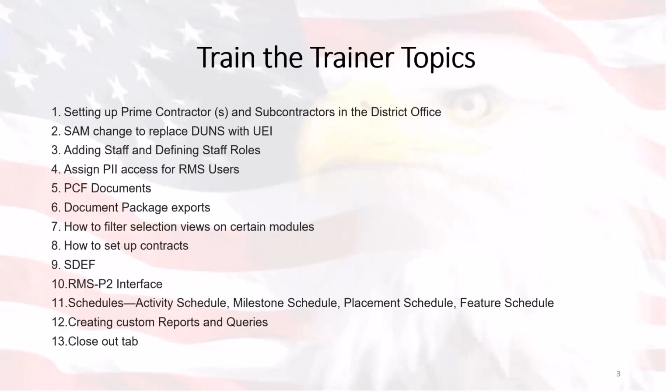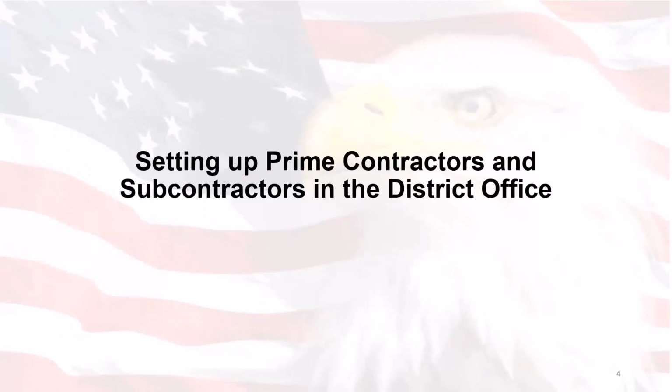Those are setting up prime contractors and subcontractors in the district office, the SAM change to replace DUNS with UEI, adding a staff and defining staff roles, assigning PII access for RMS users, PCF documents, document package exports, how to filter selection views on certain modules, how to set up contracts, the SDEF module, RMS P2 interface, schedules (activity schedule, milestone schedule, placement schedule, feature schedule), creating custom reports and queries, and the closeout tab. So we're just going to go ahead and jump into it.